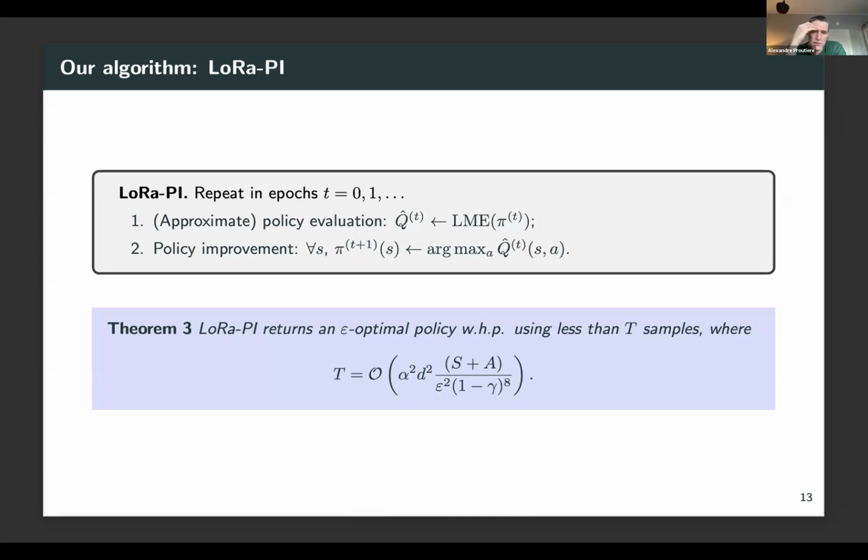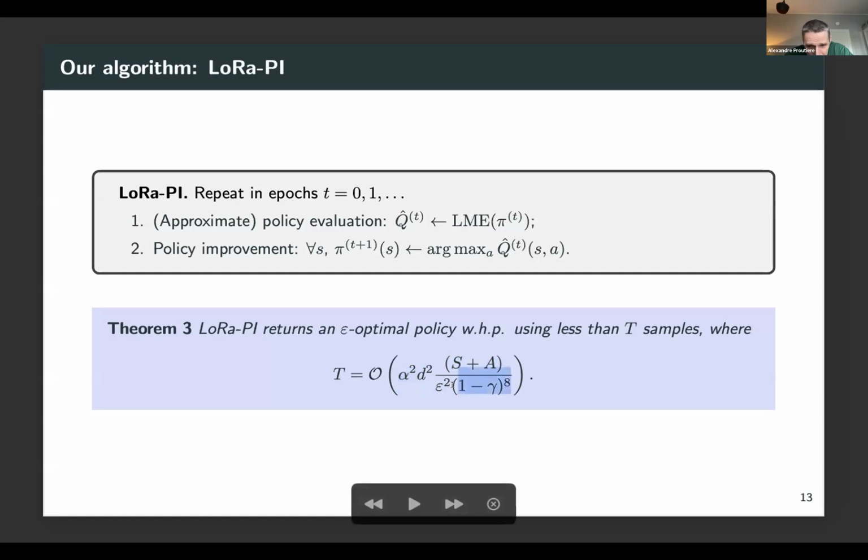When you remember the lower bound that we had earlier without structure, the lower bound was SA over epsilon squared (1 minus gamma) cubed. So here we have replaced SA by S plus A. So the low rank is helping by reducing the sample complexity. On the other hand, you are paying the price of the spikiness.